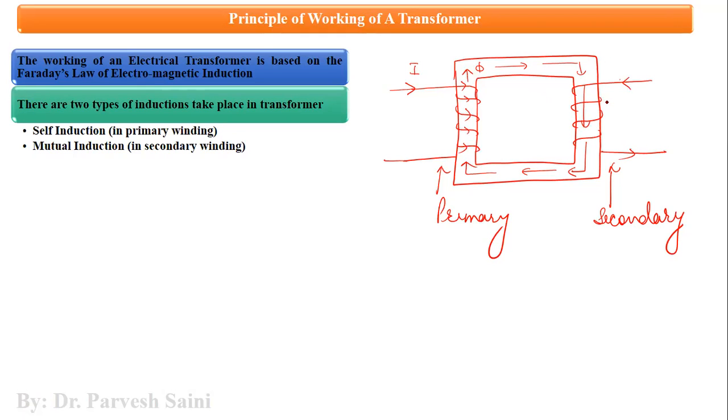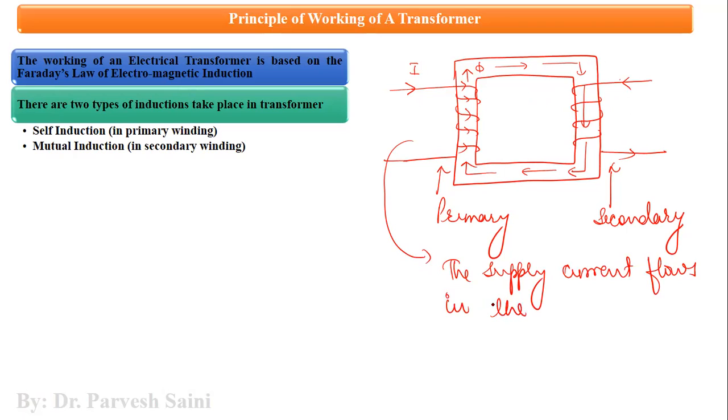Now, the supply current flows in the primary winding.